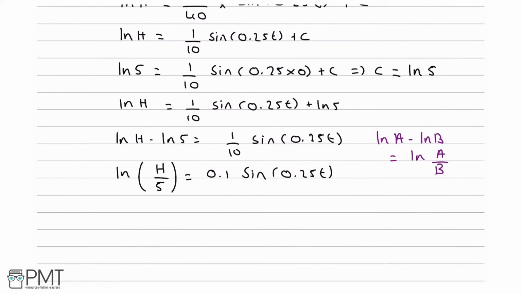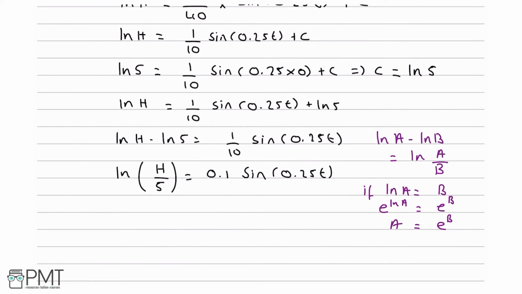We're going to take the exponential of both sides, and we're going to use the rule that if ln a equals b, then e to the ln a equals e to the b, and by extension a equals e to the b.